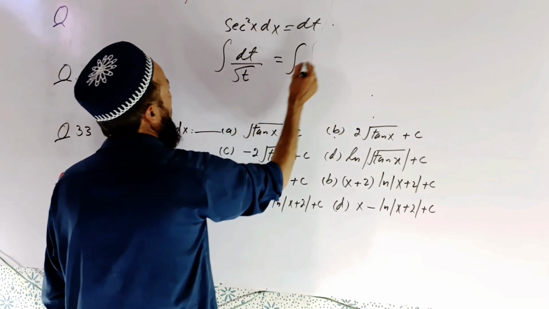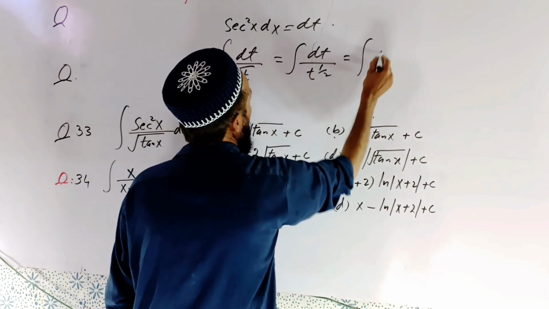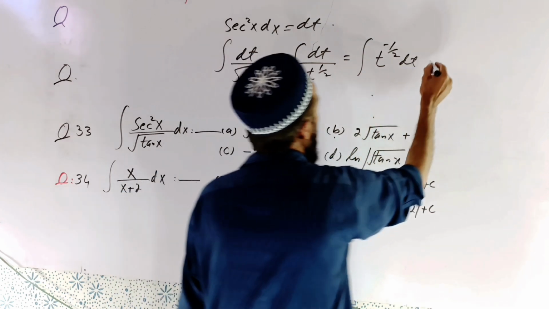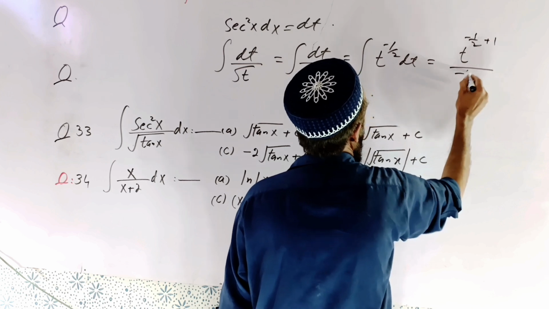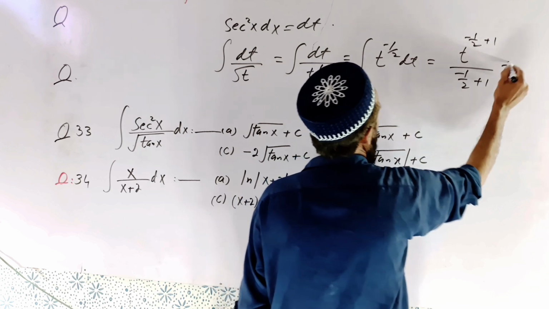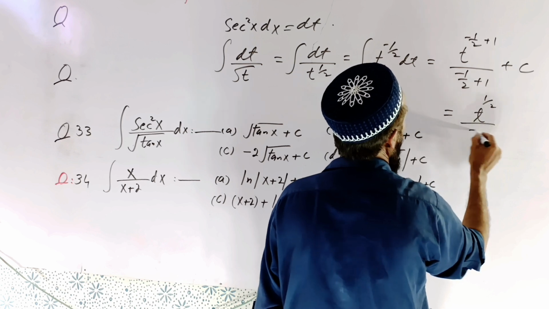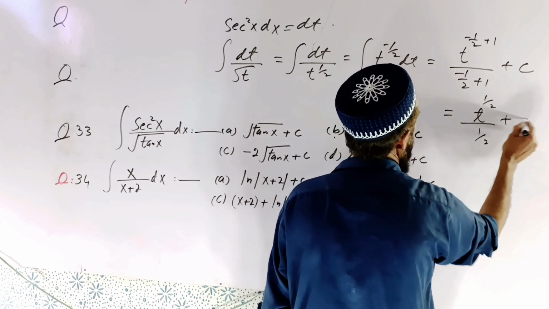So that will be equal to the integral of t to the power 1 by 2 dt, which is t to the power minus 1 by 2 dt. According to the rule, we use t to the power minus 1 by 2 plus 1 over minus 1 by 2 plus 1 plus c. Here we get 1 over 2, so the power is 1 over 2 plus c.